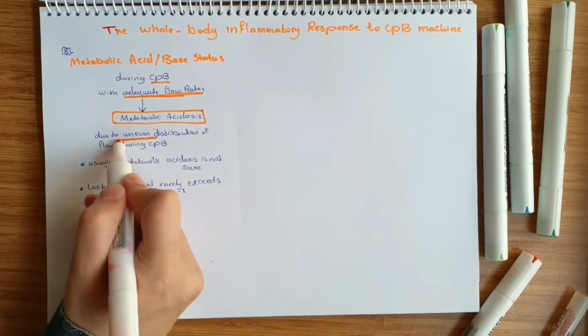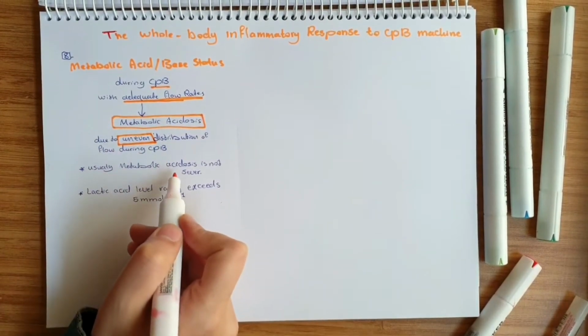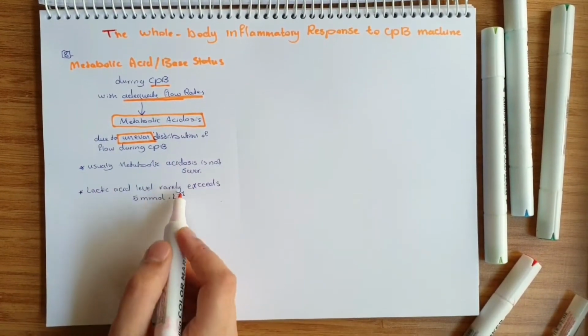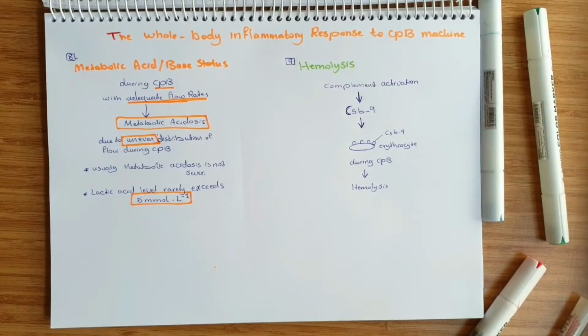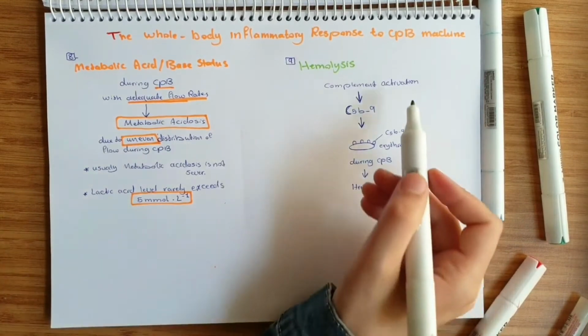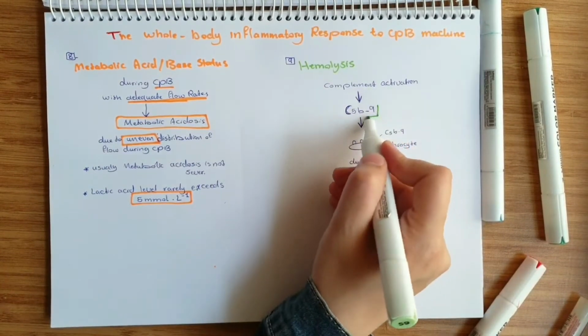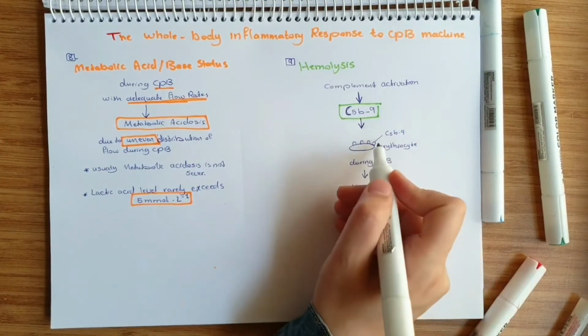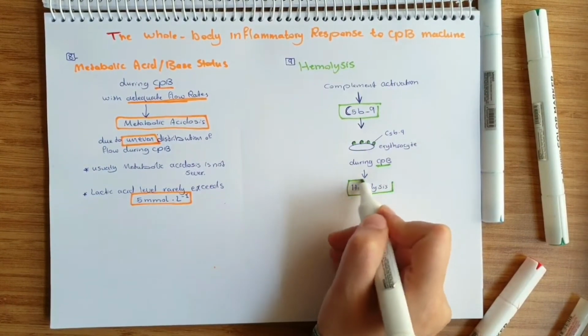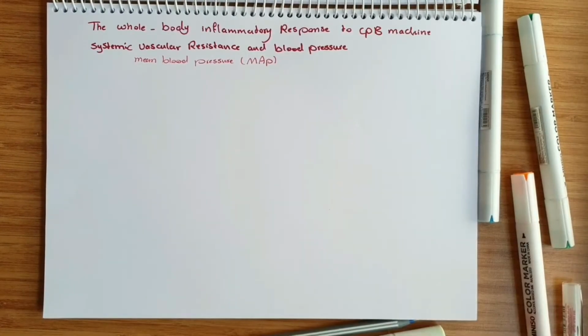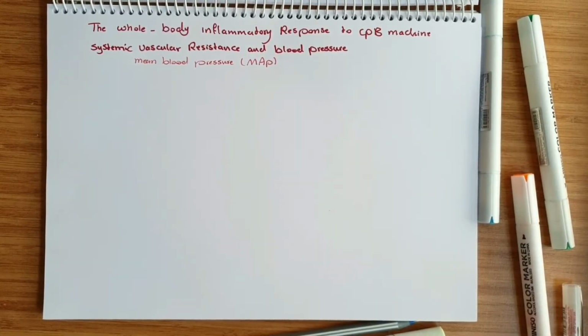But the metabolic acidosis is not severe, and it rarely exceeds 5 millimole per liter. Then we have hemolysis. When there's complement activation, C5b9 will be produced, which attaches to the surface of the erythrocytes, and this is one of the major causes of hemolysis during the cardiopulmonary bypass machine.